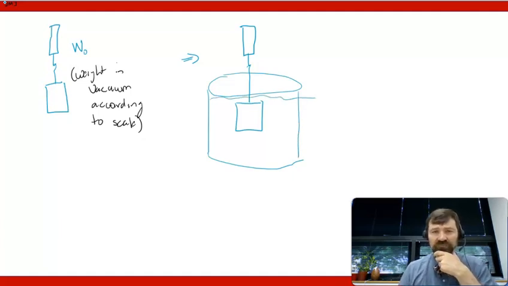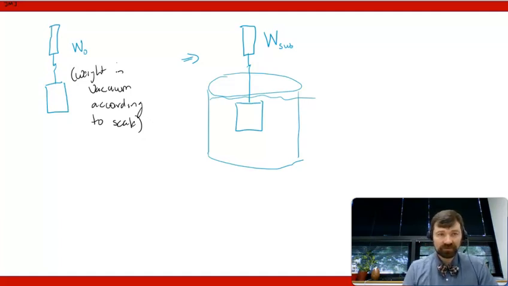Okay, well, this will now give me a new weight. This new weight we could call weight when it's underwater, or weight submerged. Let's call this W sub. And so as it turns out, this will be less than the weight when it was in vacuum.